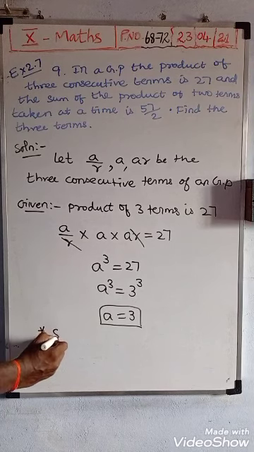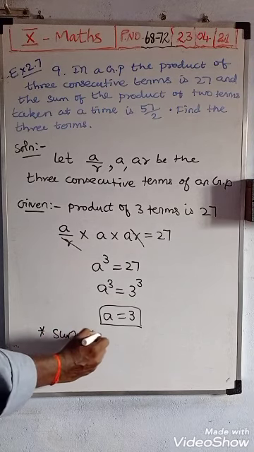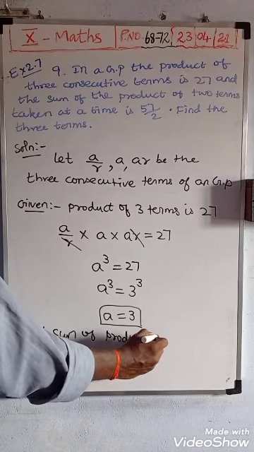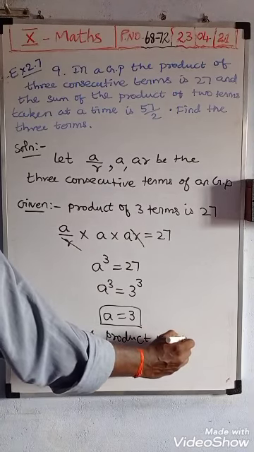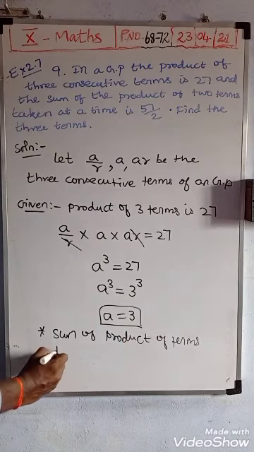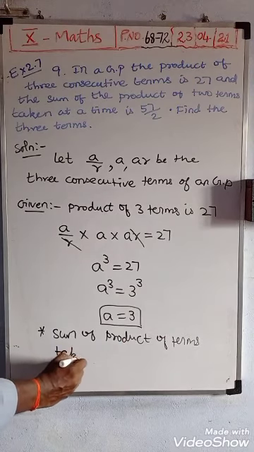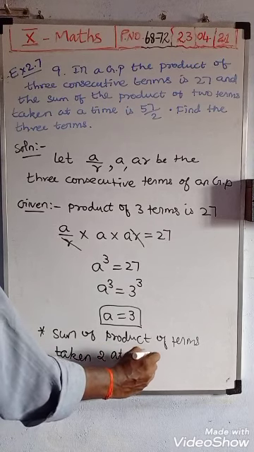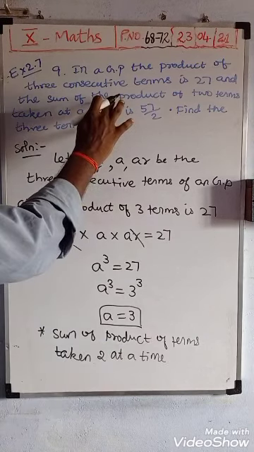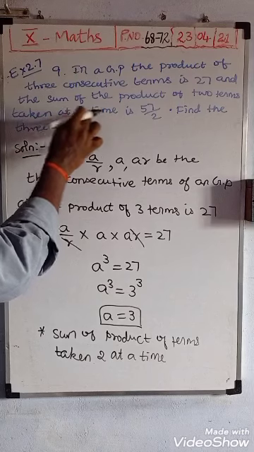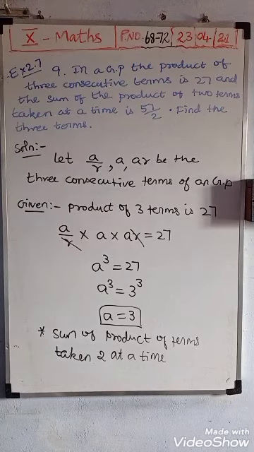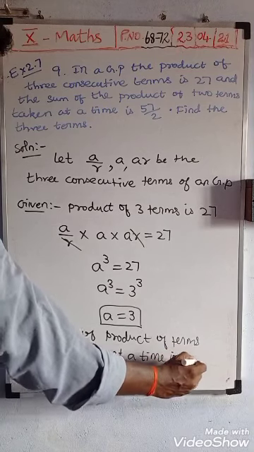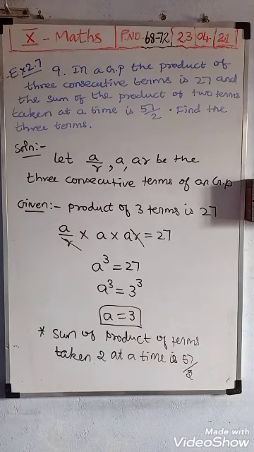Next condition, what does that mean? It is given: the sum of the product of terms taken two at a time is 57 by 2. Then what to do?